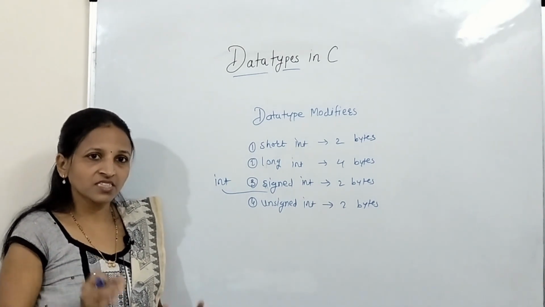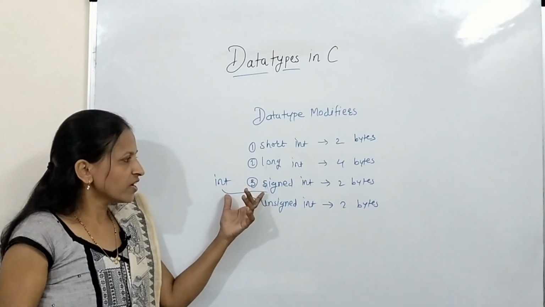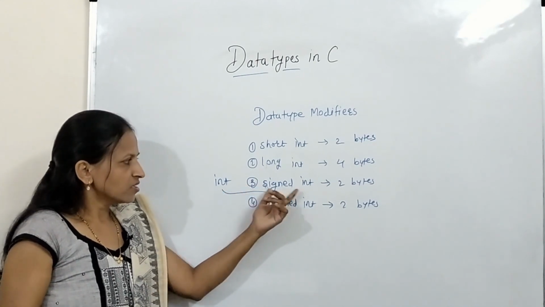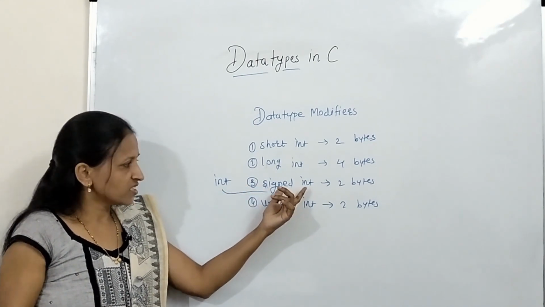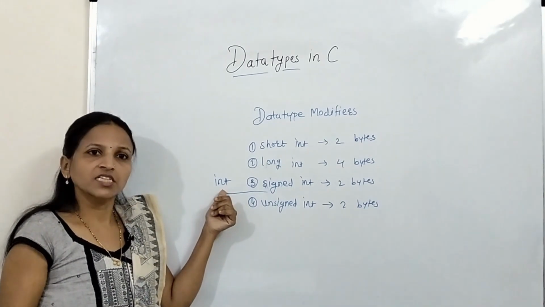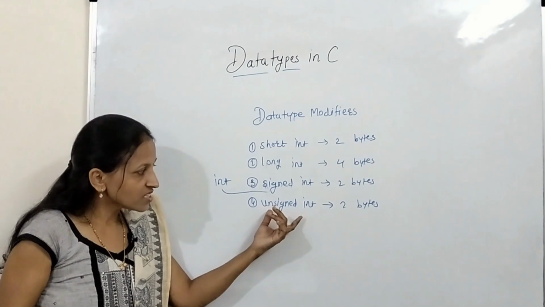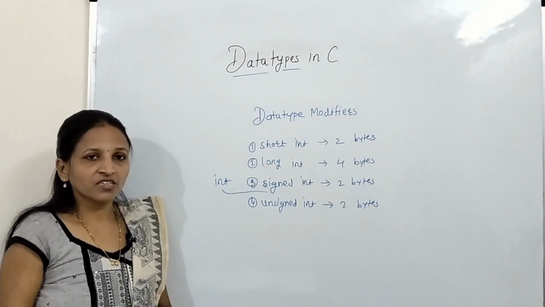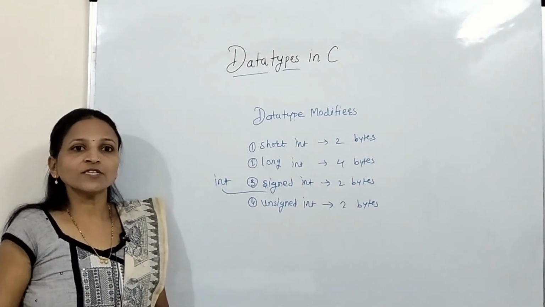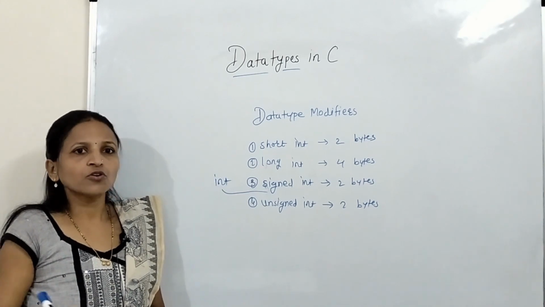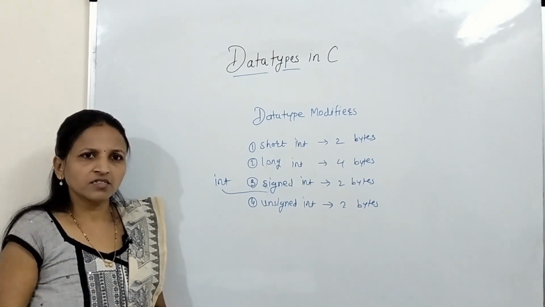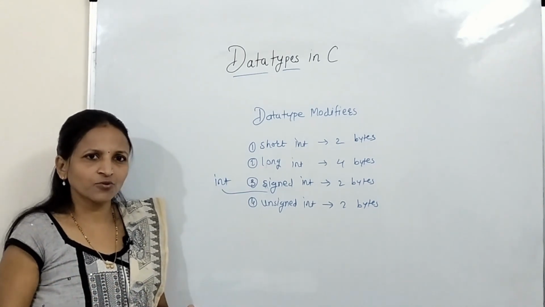That means there is a sign. That's why for signed integer there is no need to write it this way. You can write only int instead. Both represent the same thing. But unsigned int will be different. Unsigned means no sign. Suppose you want to store the roll number of a student. You know that a roll number will never be negative.